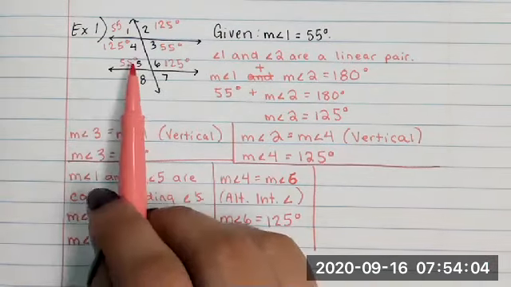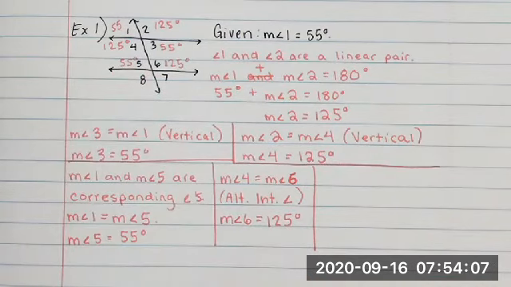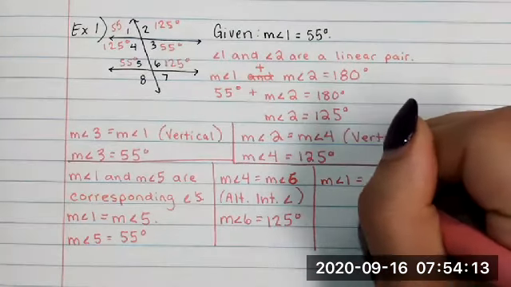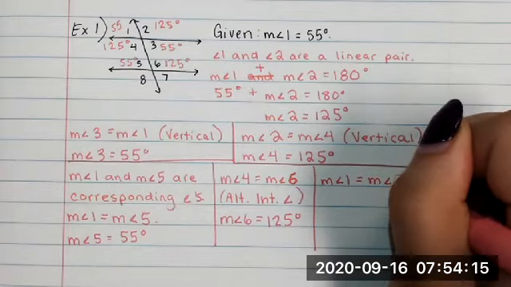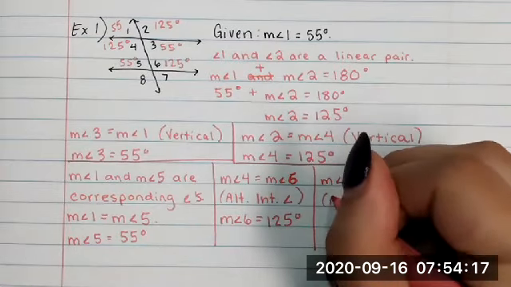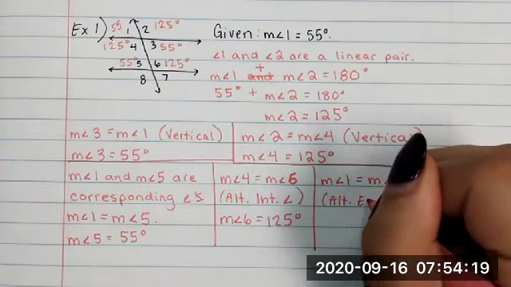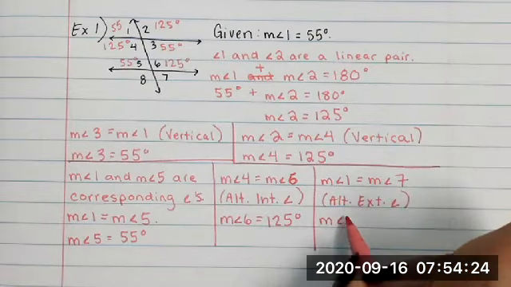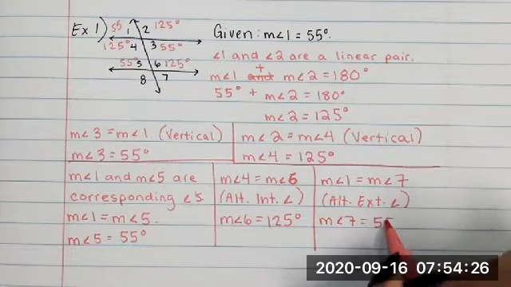I like to use vertical angles because they're so simple, but let's do alternate exterior because we haven't touched on that one. So the measure of angle 1 is equal to the measure of angle 7 because they're alternate exterior angles. So the measure of angle 7 will also be equal to 55 degrees.